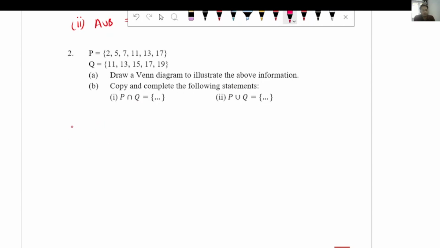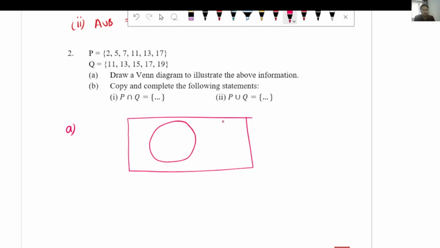So first we'll draw the Venn diagram. To draw the Venn diagram, you already know we can draw like this. Then you need to just make two circles. As I already told you, in the Venn diagram we use circles and rectangles. Now you need to see which numbers are repeating in both.